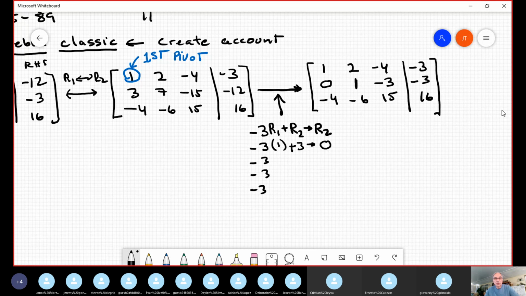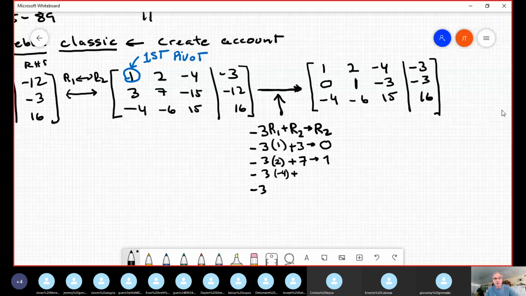2 times -3 is -6, plus row 2, which is 7. So it's -6 plus 7. This one is this one. The second is -4. Negative 4 times negative 3 is positive 12. Plus minus 15.